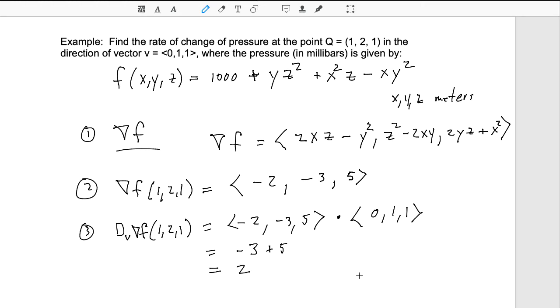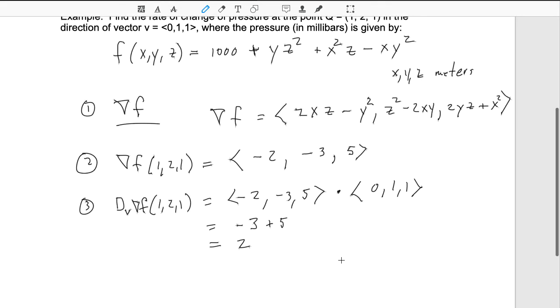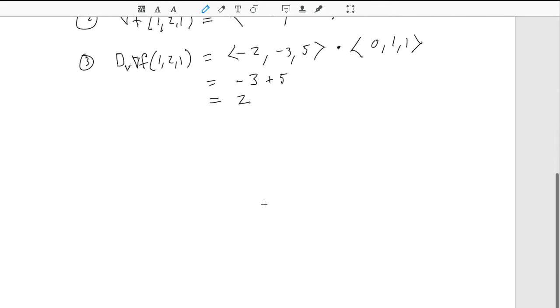Now, we're not quite ready to answer this yet. The thing that we have to consider is that this v that was given was (0, 1, 1).